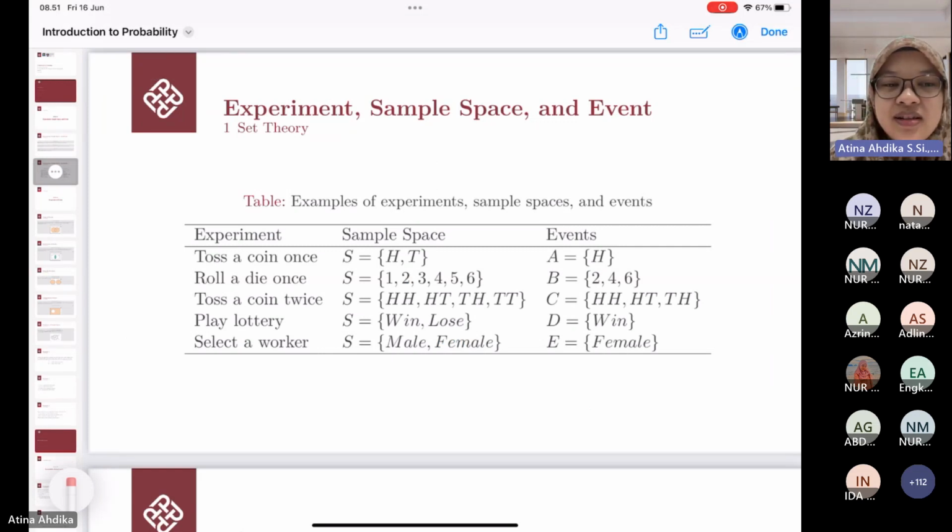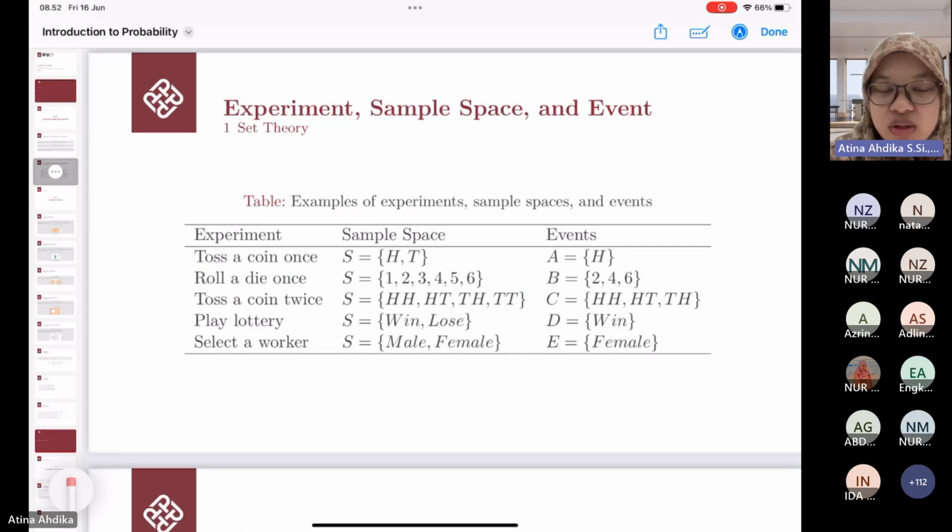First, like I said before, we can toss a coin. The process of tossing a coin once is the experiment, and the sample space of this process is head and tail. So we can just write the elements, or the outcomes, of this process.